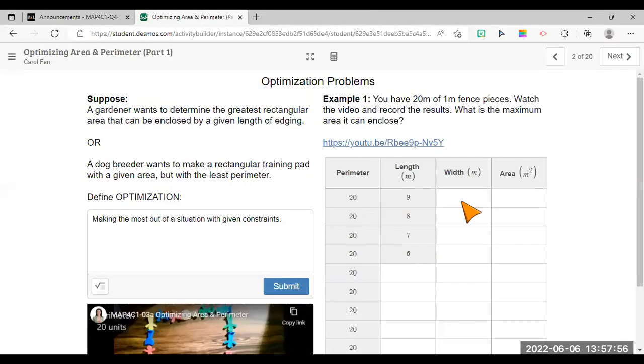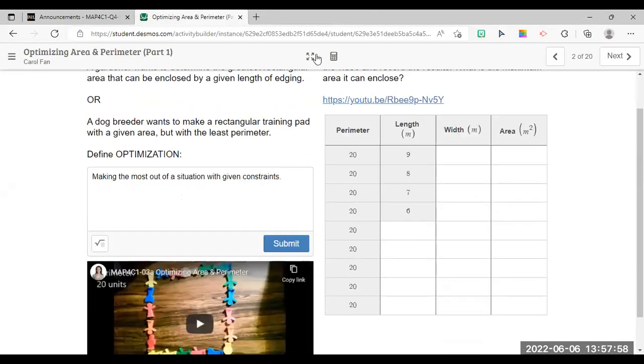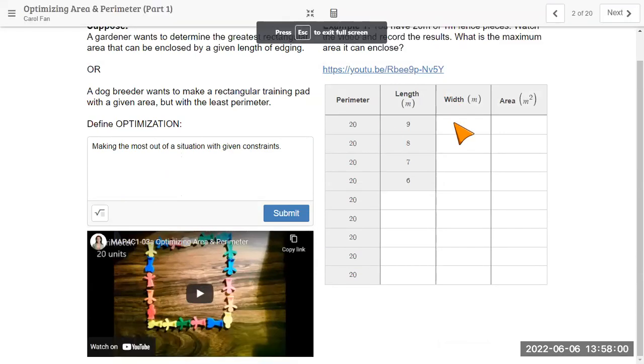Right, so let's fill in the chart here. Our first one, we had a length of 9, the width was 1, area is 9. When we had a length of 8, width was 2, area became 16.